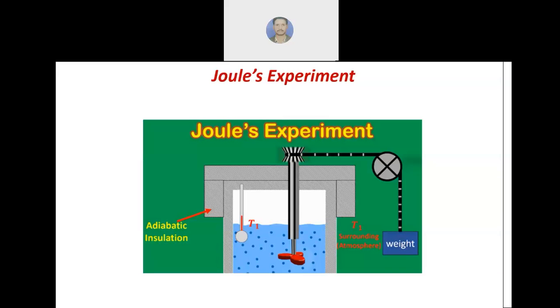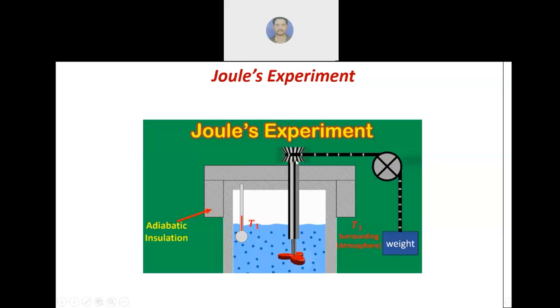Now water is there, an insulated beaker is there. We have dipped a thermometer to measure the temperature of the water. Now this is a stirrer mechanism, and this bottom red color is a paddle wheel. It will rotate.